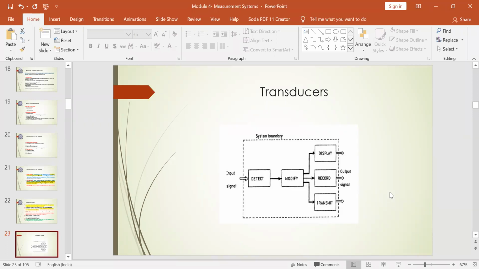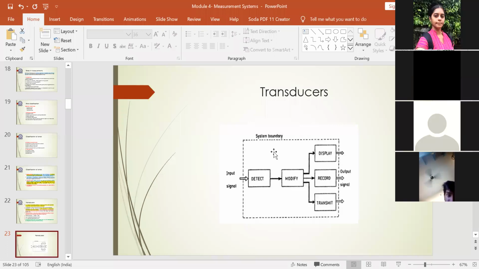So this is the actual working principle of how a transducer works, irrespective of the type of transducer we are speaking about.